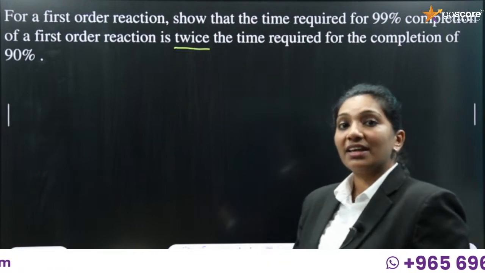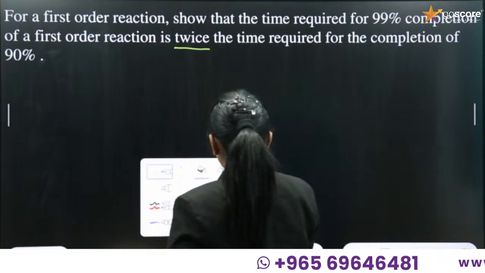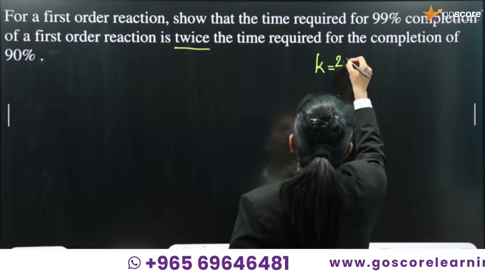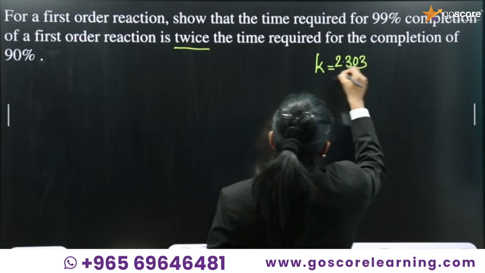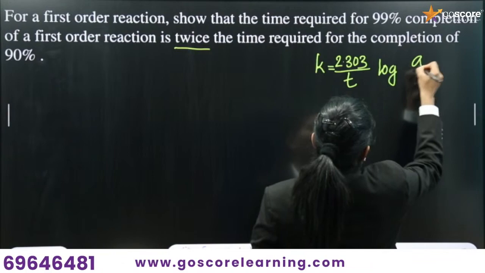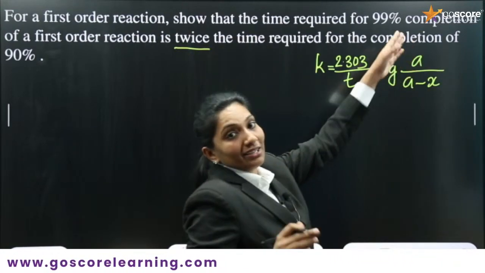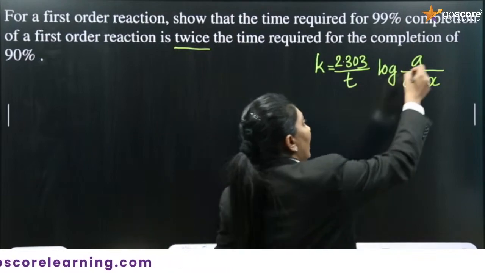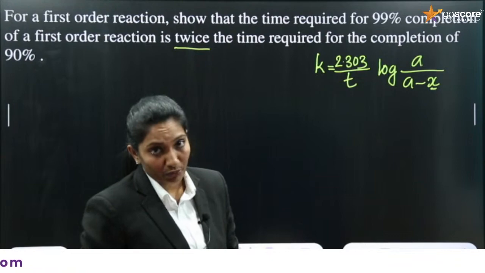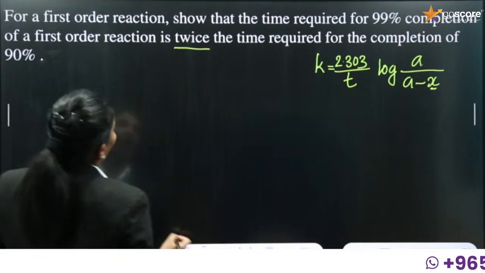So for percentage decomposition, we can use the equation, that is K is equal to 2.303 by T log A by A minus X. Here A will be 100 and X will be how much it got decomposed.